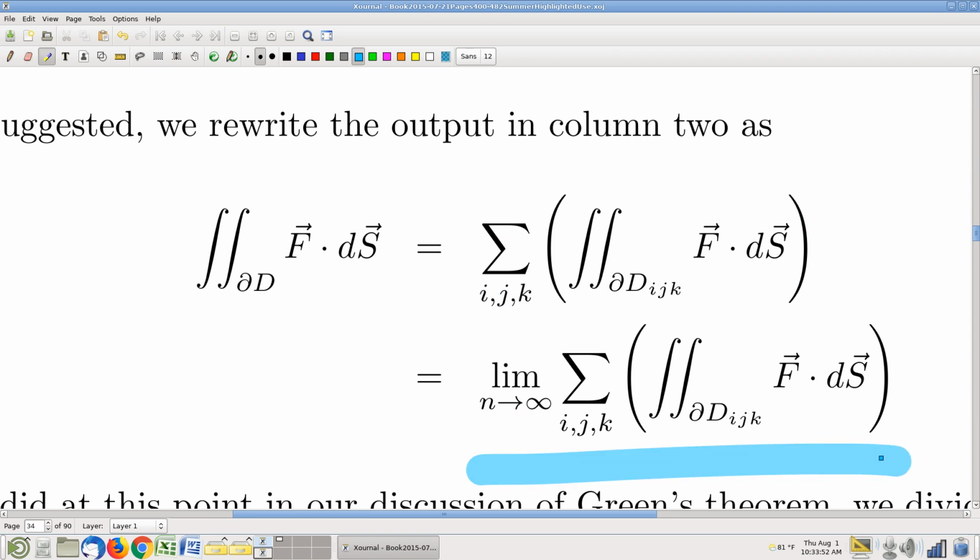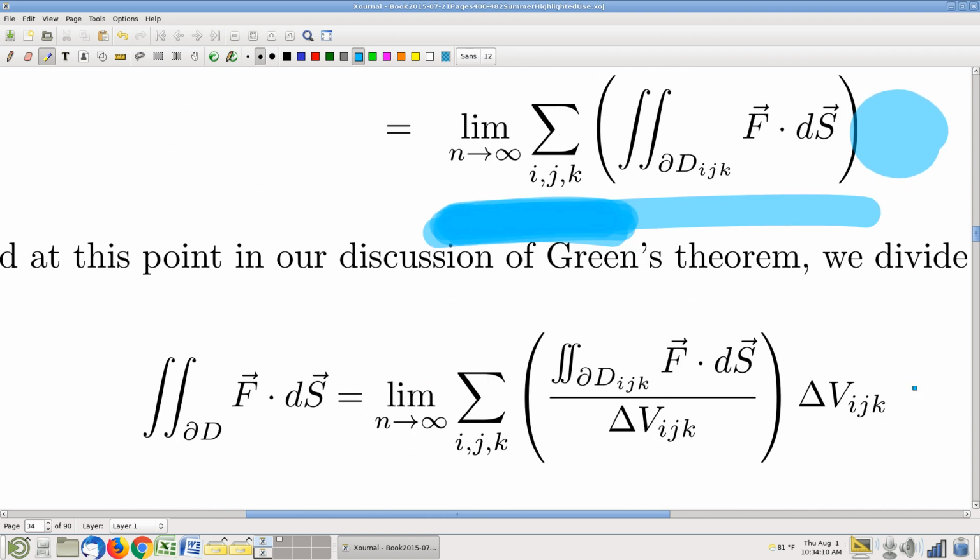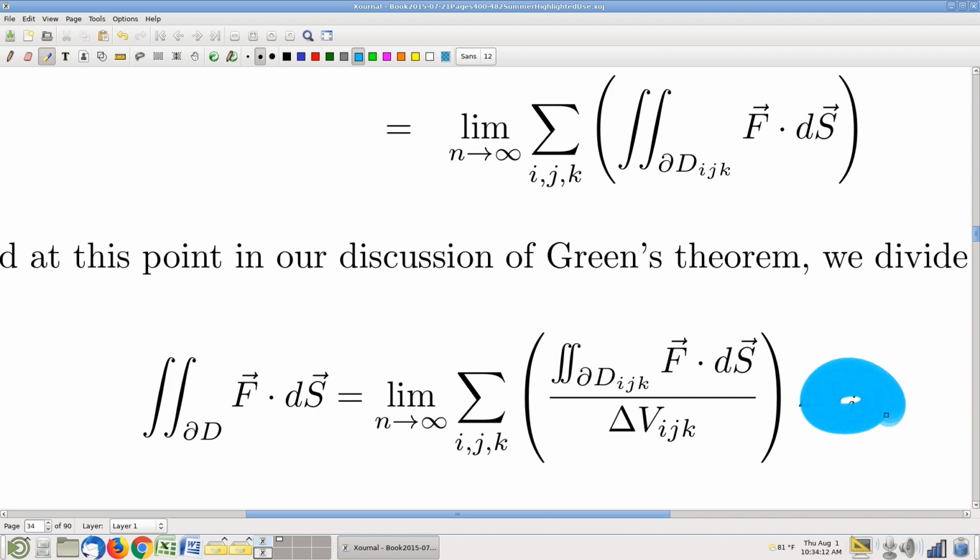This kind of looks like a triple integral in the sense that we're doing an accumulation over all the pieces of a solid. We've done a chop it up, add it up kind of sort of looking thing here. Anyway, we've got a summation over all the pieces. The problem, of course, is there's no dv over here. So we will multiply and divide by dv. Got to be fair, right?